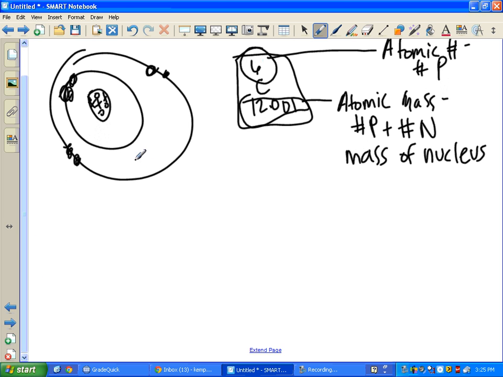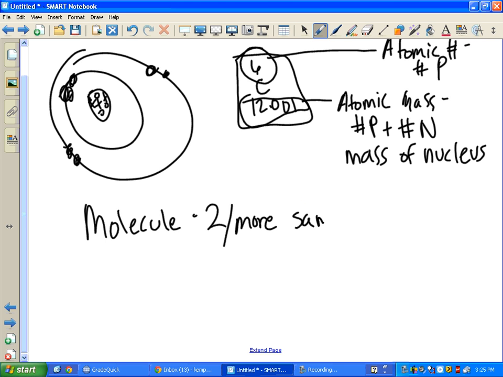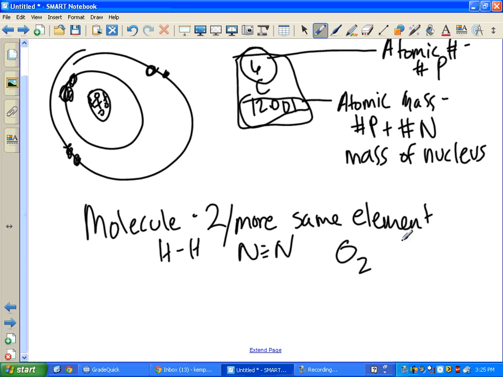So molecule versus compound. Molecule is two or more of the same element together. So that is H2, O2. It doesn't just have to be 2, but I can't think of anything that's 3 right now. But anything that has more than one of the same element is going to be a molecule.